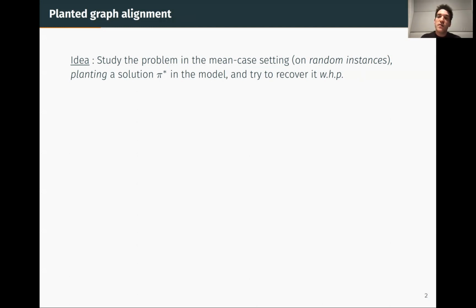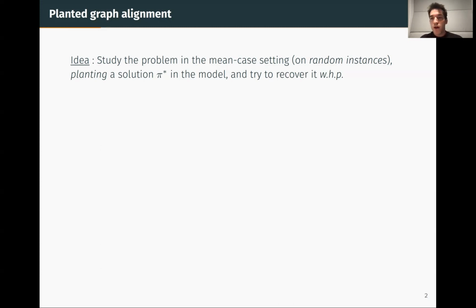And we are looking for guarantees with high probability. So now the objective is a bit different because we plant a solution in the data. So the two graphs will be generated according to some planted solution pi star, which will be in some sense, the optimal assignment. And we just hide this planted solution. We observe the two graphs, and what we want is an estimator of this pi star, right? So we want to recover, in some sense, pi star with high probability.